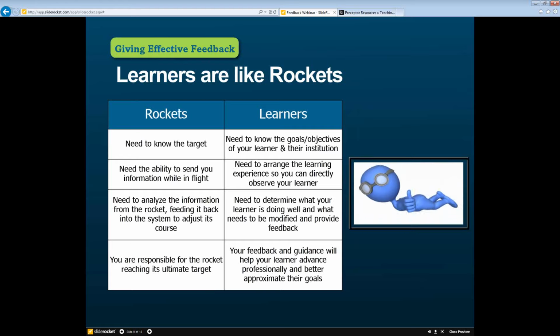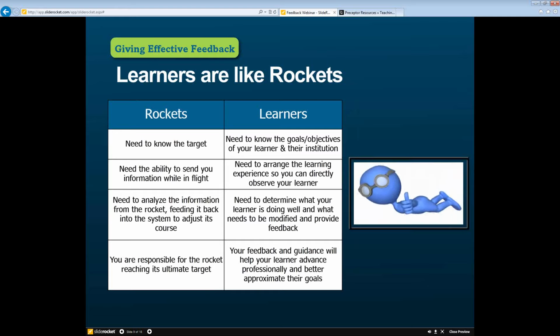As for the ability to send information while in flight, we have to arrange the learning experience in our office or the hospital setting so that we can directly observe our learner. Direct observation, and the information we get from it, will be the topic of the next webinar, but that's the way you can take that information and feed it back to the person to allow them to change their behaviors. So you're analyzing the information, as with your rocket.